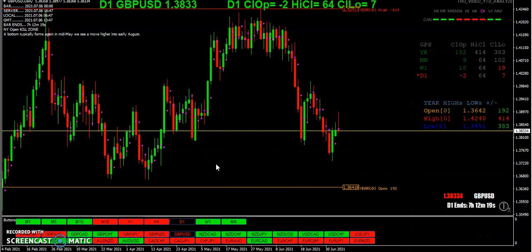192 pips, 191 pips above the yearly open, 10 pips above the monthly open, 19 above the weekly once again, and 1 pip below the daily open.